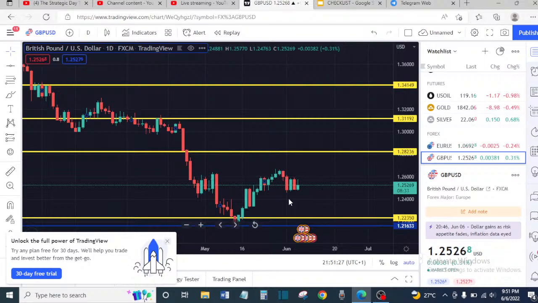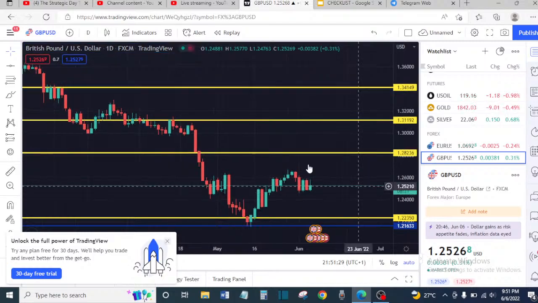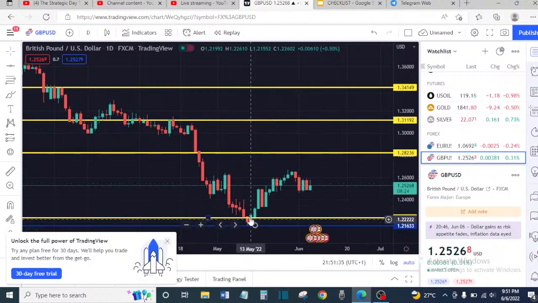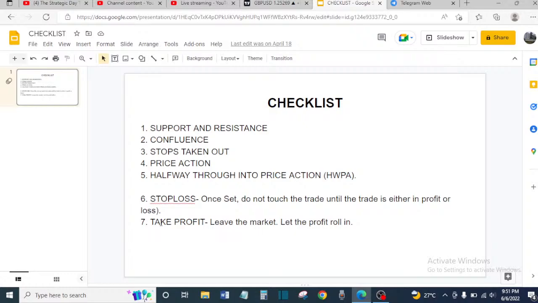If you measure it, this candle will have moved halfway into this candle. So that will be our entry point, and the other parts are stop loss and take profit.